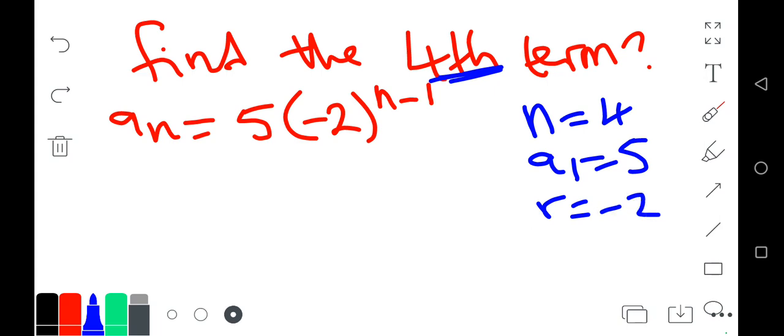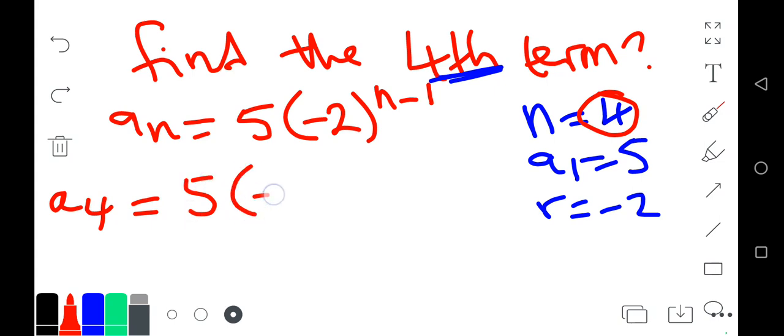So where there is n, I'm going to put 4. So a_4 is equal to 5, open the bracket, negative 2, close the bracket, raised to the power 4 minus 1.